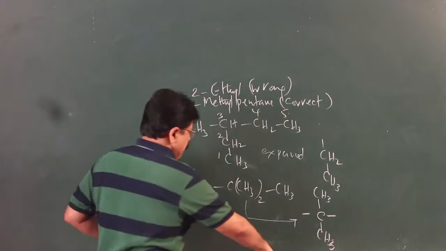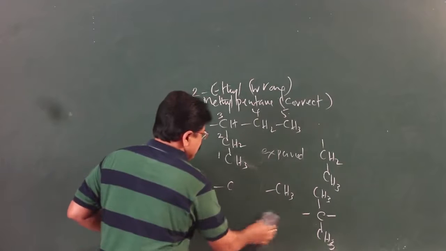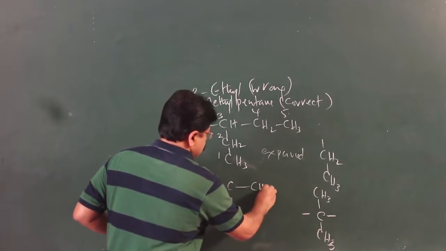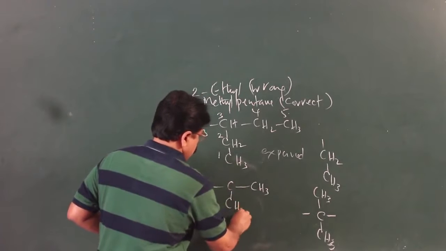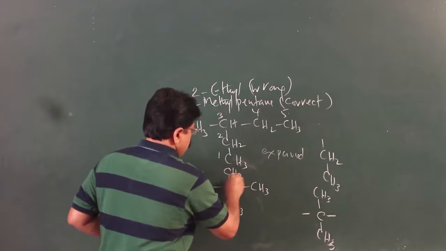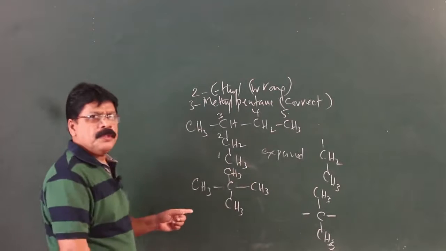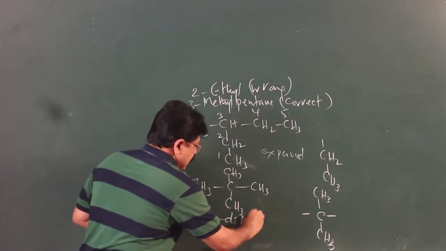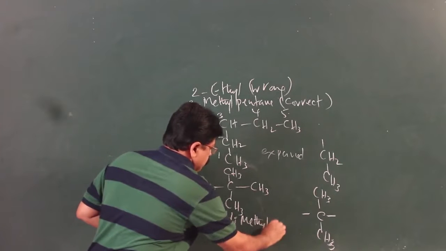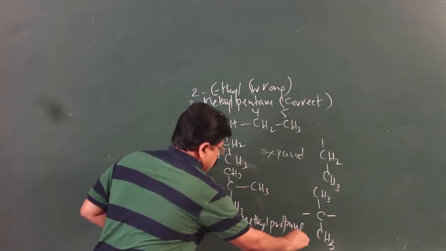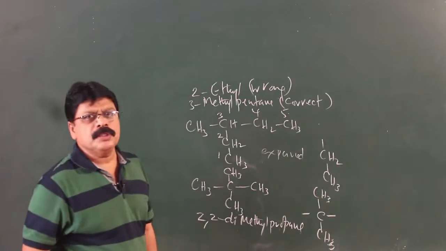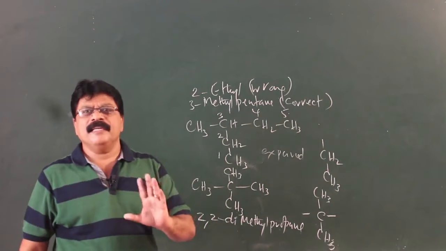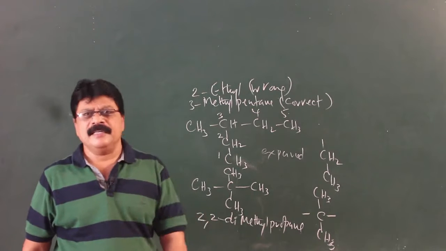Similarly, we can rewrite this like this. So, the name of the compound will be 2,2-dimethylpropane. So, this is how you tackle such kind of examples. If it is in bracket, expand it. If it is C2H5 or C3, expand it and then check.